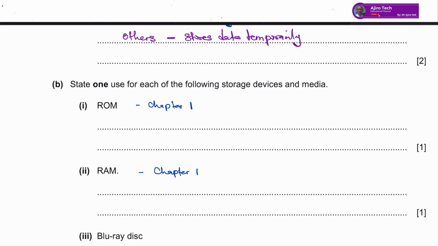The ROM contains the BIOS, some coding known as the boot file. Please listen: this code will tell the computer what to do when it first starts up. That's why we refer to it as the BIOS, which is the Basic Input Output System.